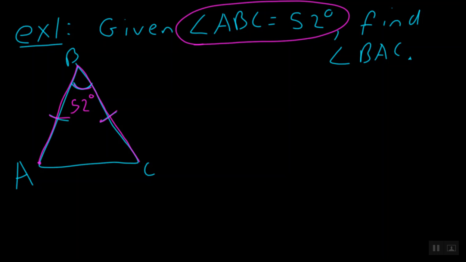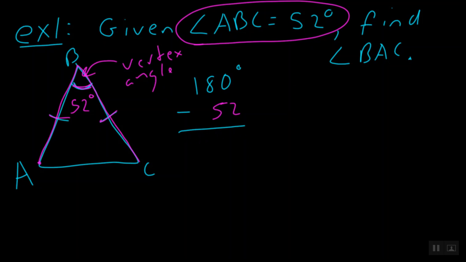Well, we know that the angles of a triangle always add up to 180 degrees. So we will first start by subtracting this 52 from, and I want you to recall that this angle right here is our vertex angle. Okay, so we're subtracting 52 from 180, and of course, just using a little simple arithmetic here, we see that that is going to give us 128 degrees.